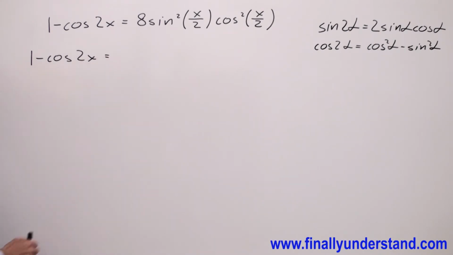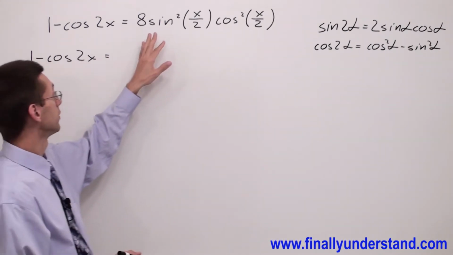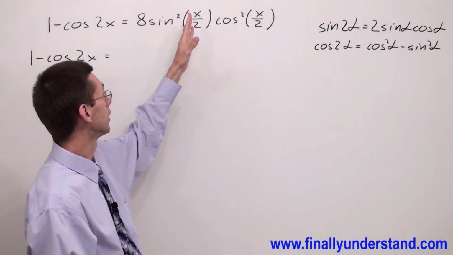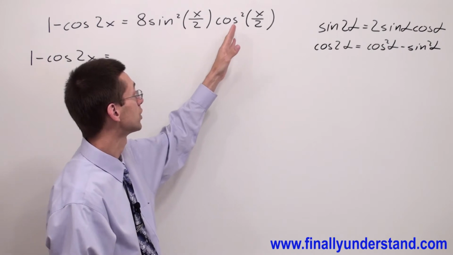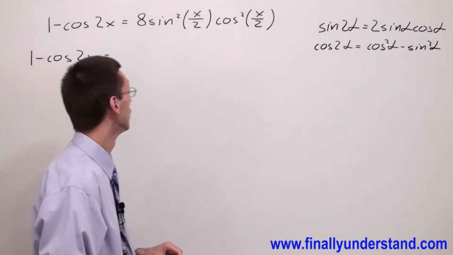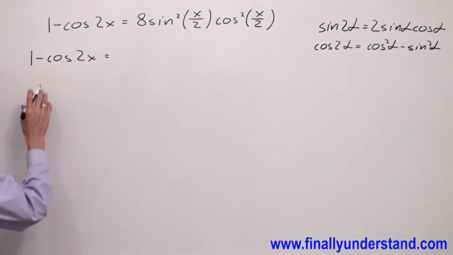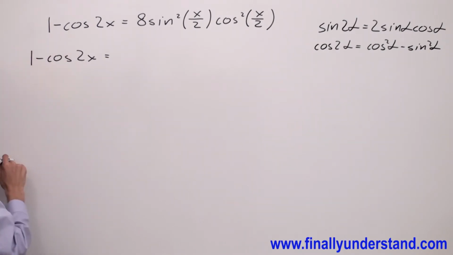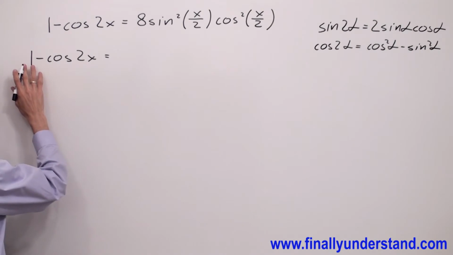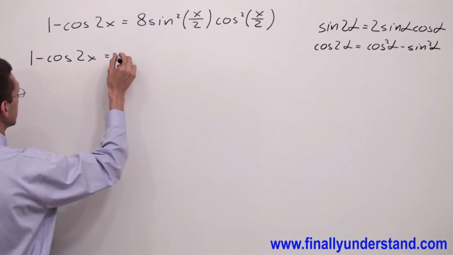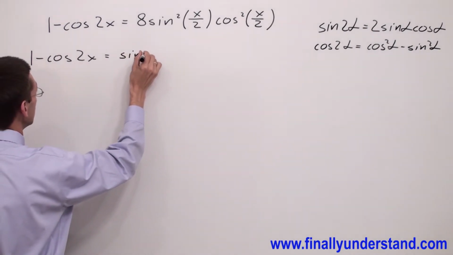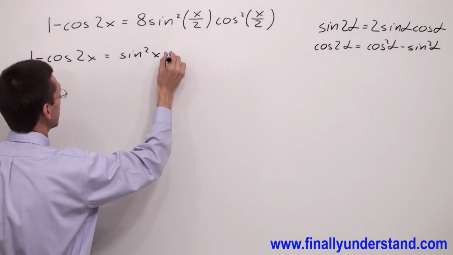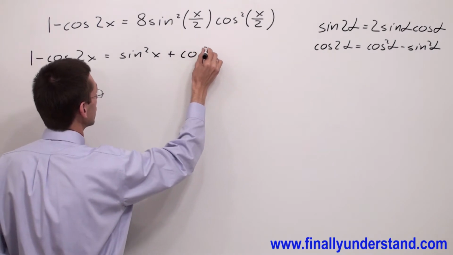Next, look at the right side and please notice that we have sine square of half an angle and I have cosine square of half an angle. So it means we have to have sine and cosine somewhere over here. So 1 I can rewrite as sine square x plus cosine square x.